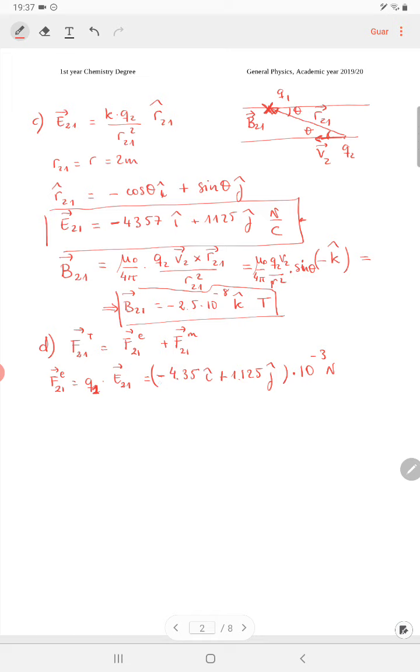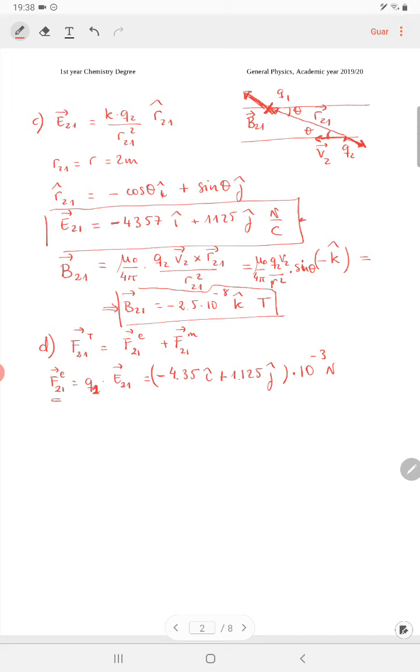Okay, so I want you to go back, if you can, and see that this force is exactly the same magnitude but just opposite to what you had exerted on charge 2. So on charge 2 you had this force, and on charge 1 you're going to have this electric force. So they both have the same magnitude but opposite direction, sorry. And this is an example of an action-reaction pair.